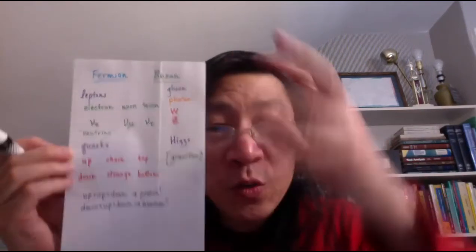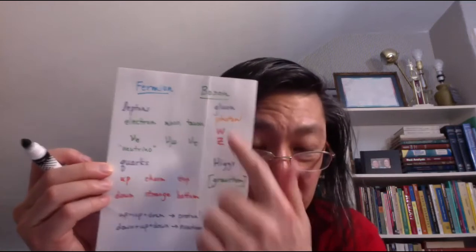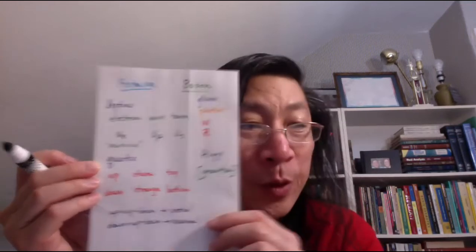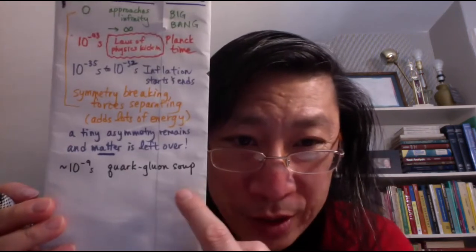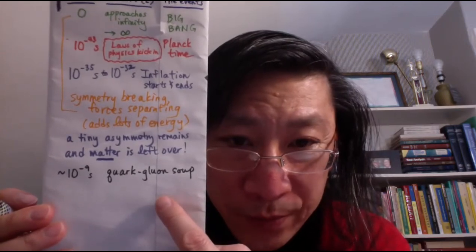And so they kind of swirl around. There are 8 kinds of gluons and 6 kinds of quarks. So it's a soup is what it is. It's a quark gluon soup. And this is what the nature of the universe is at this point. The quark gluon soup.